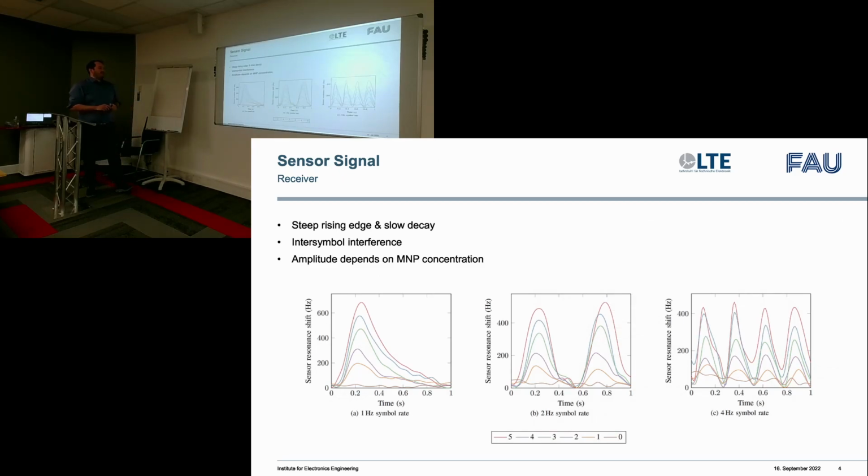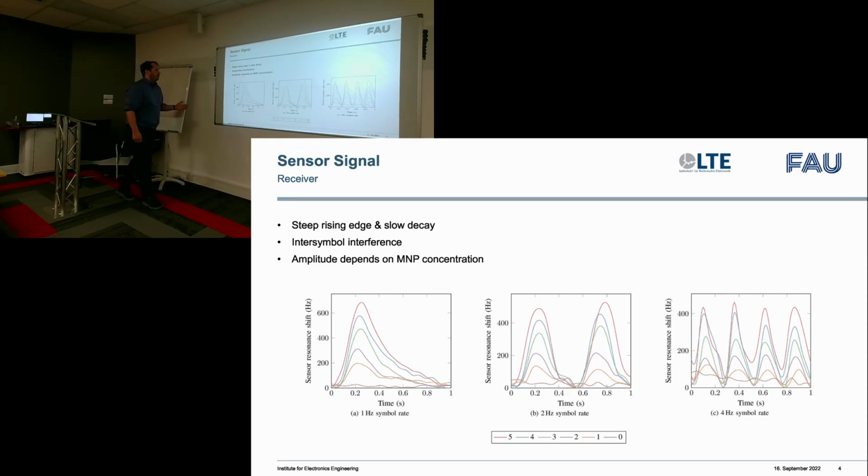This is our sensor signal at the end. Here are some transmission samples for 1 symbol per second, 2 symbols, 4 symbols, at different injected volumes, ranging from no injection at all to 30 microliters in our system. So what can we see?